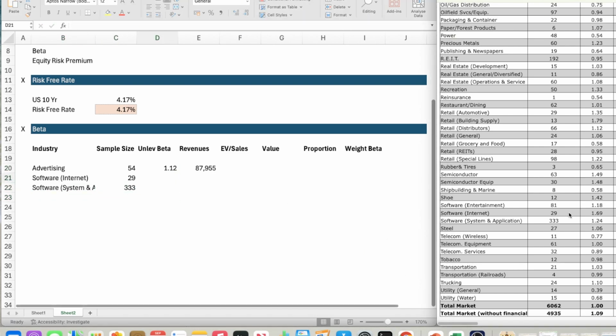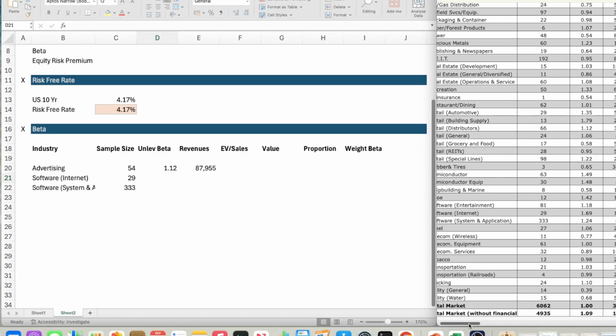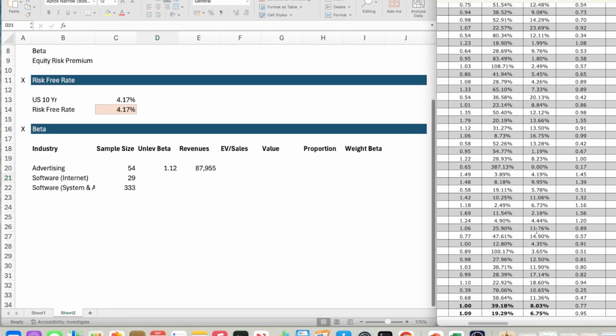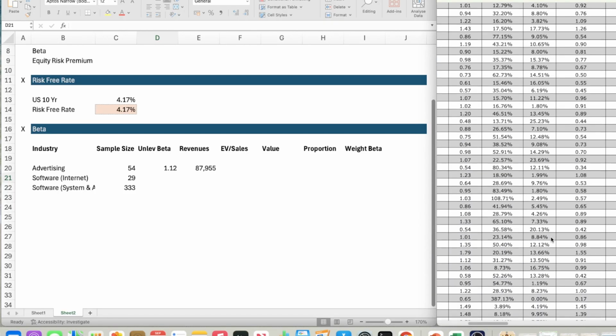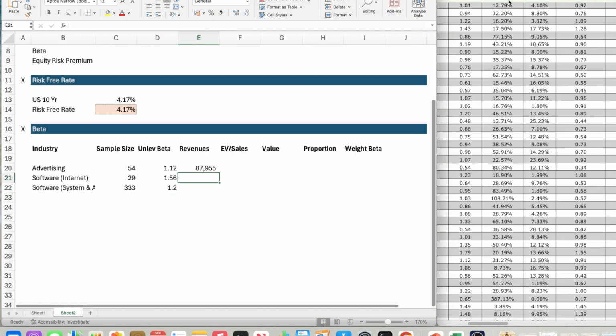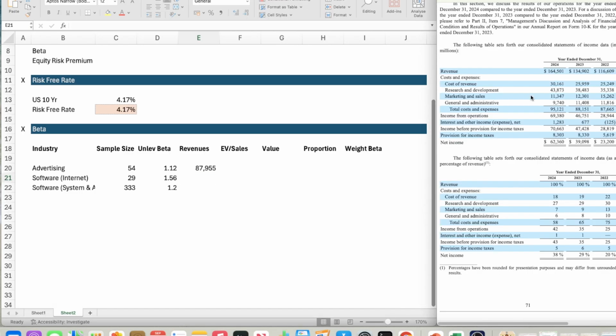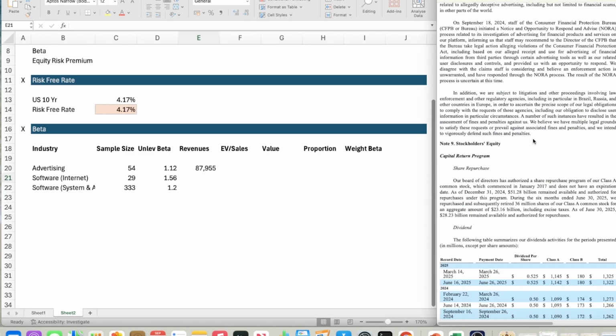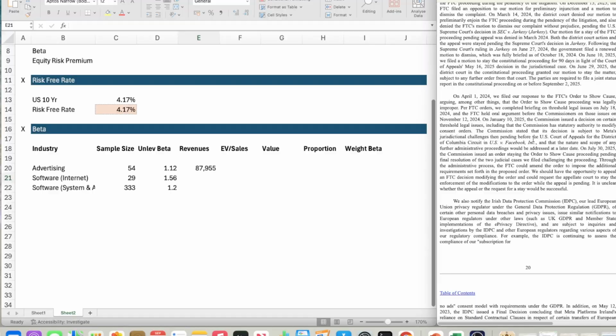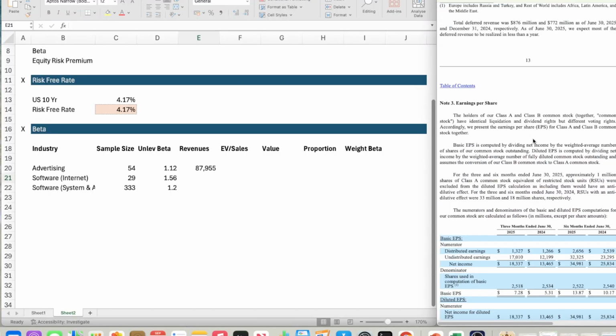So for these two, the unlevered betas are 1.56 and 1.2. And the revenues, page 13.